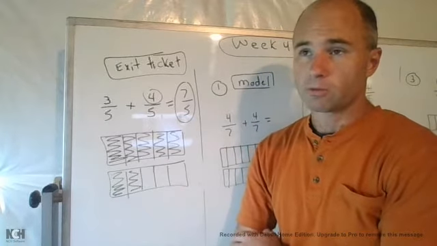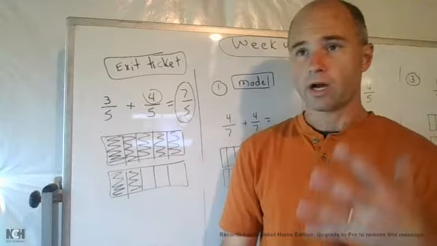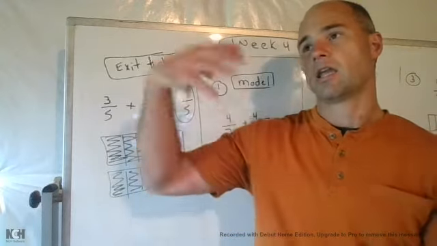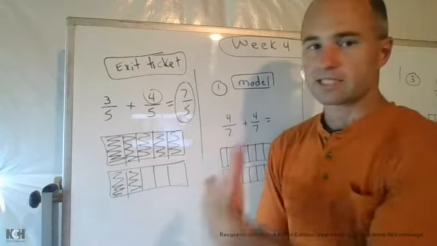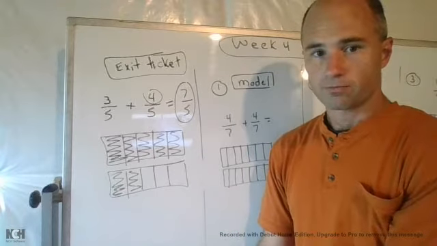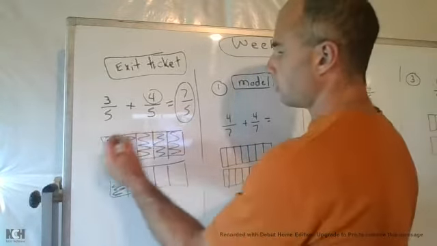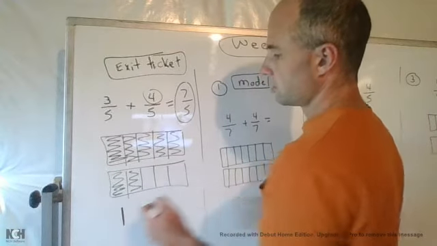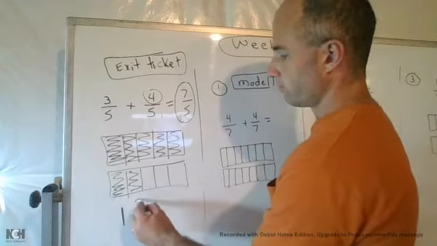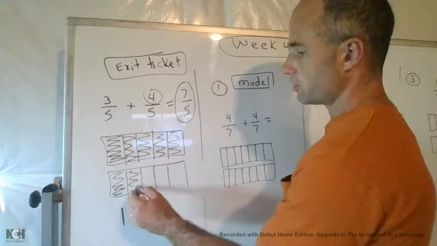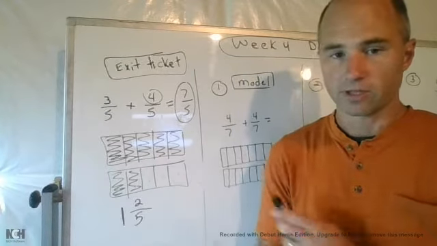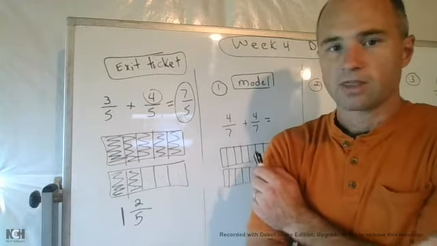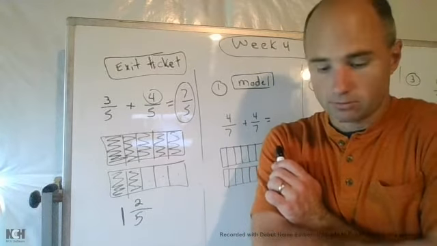But ultimately, what you're going to say is you had 1 whole pie and then 2 other slices from the second pie. So you had 1 whole and 2 out of 1, 2, 3, 4, 5 being your denominator, 1 and 2/5. That's what it's going to look like as a picture, okay?